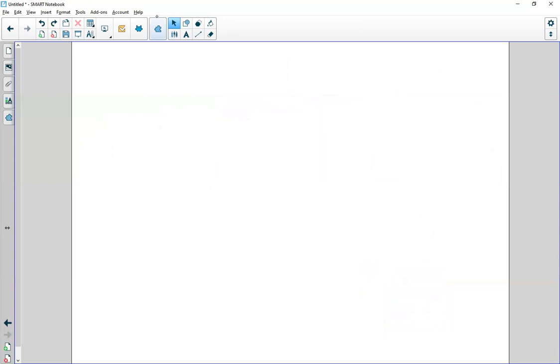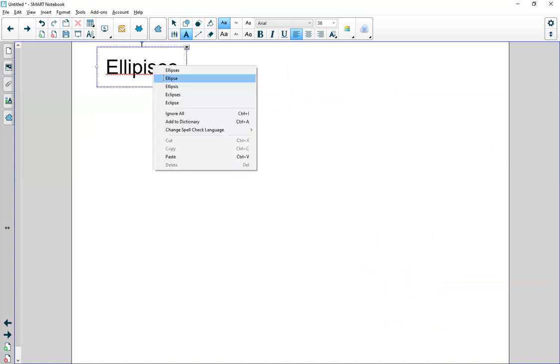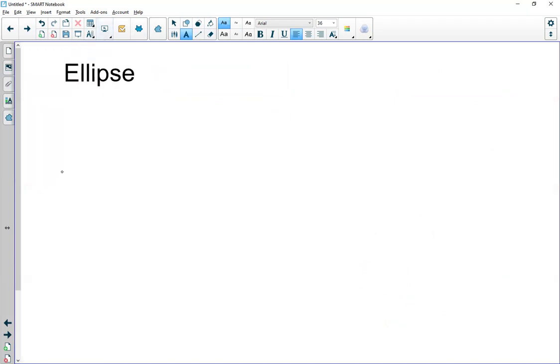All right. Next shape: the ellipse. Is the plus or minus going to be required on the test?